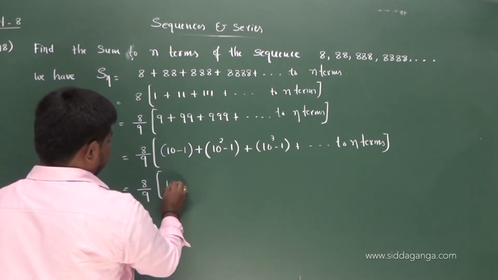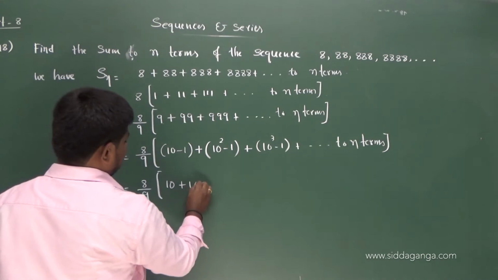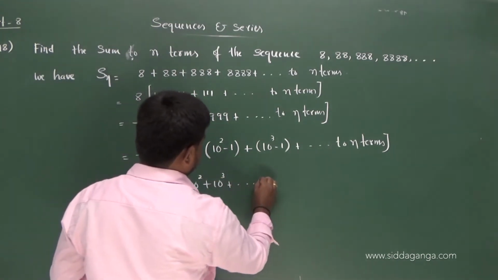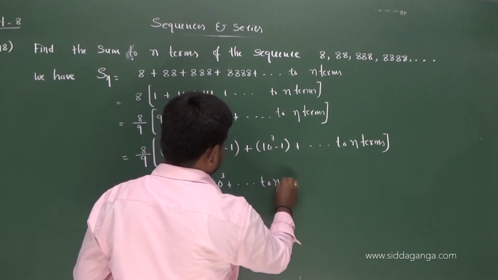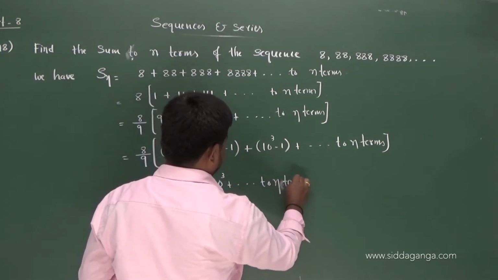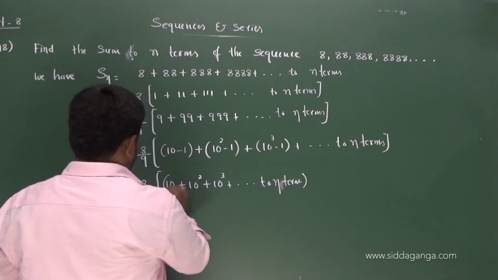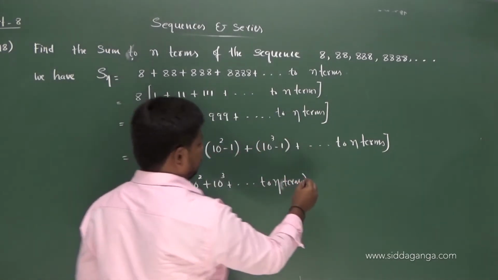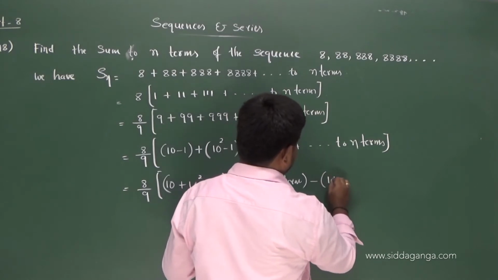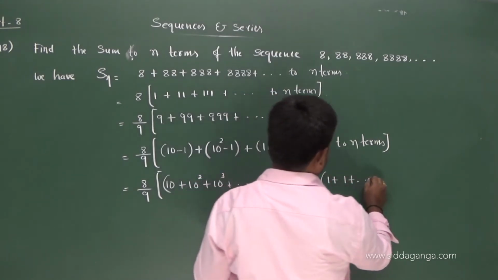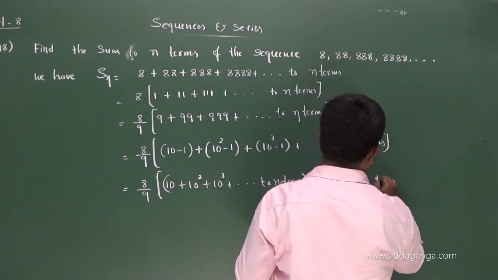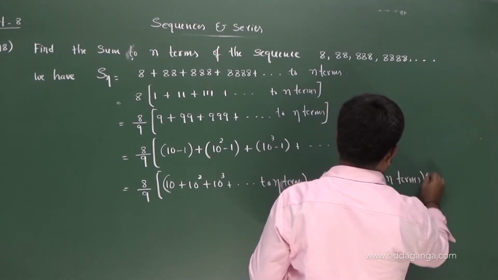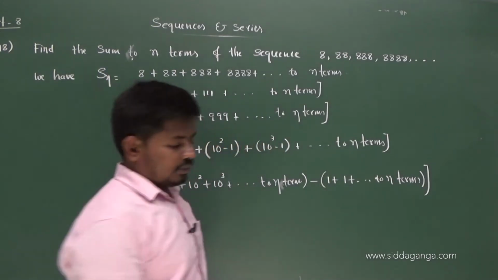So here 10 plus 10 square plus 10 cube and so on up to n terms. Next here we have minus 1, minus 1, minus 1. So I am going to take the minus outside: minus (1 plus 1 plus 1 and so on up to n terms).